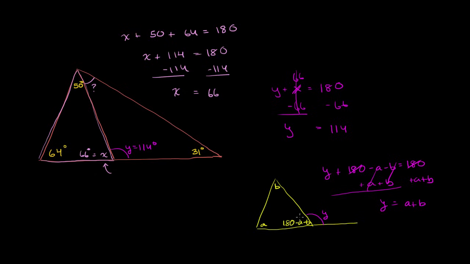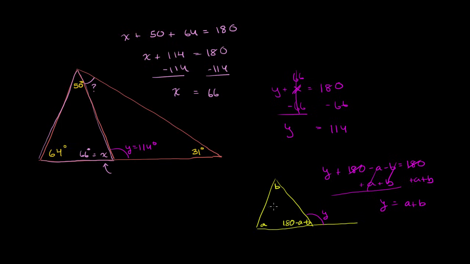So this is just a general property. You can just reason it through yourself with the sum of the measures of the angles inside of a triangle adding up to 180 degrees, and then the supplementary angles right over here. Or you could just say, look, the exterior angle is equal to the sum of the remote interior angles.